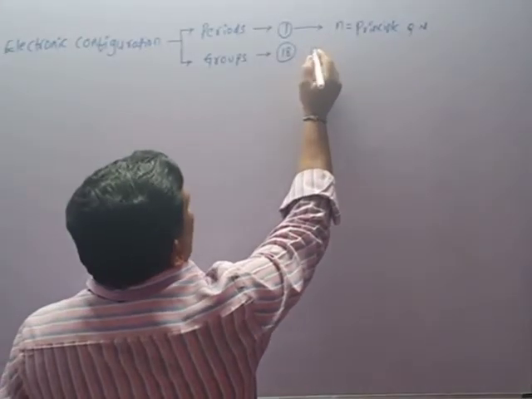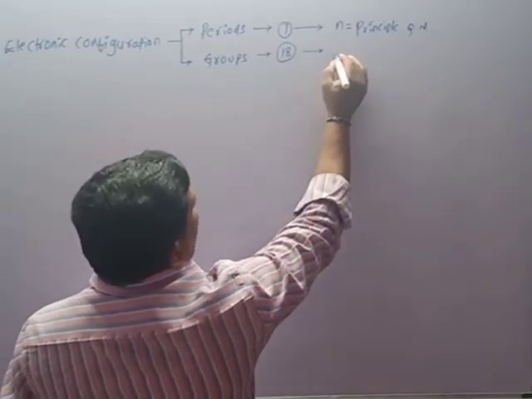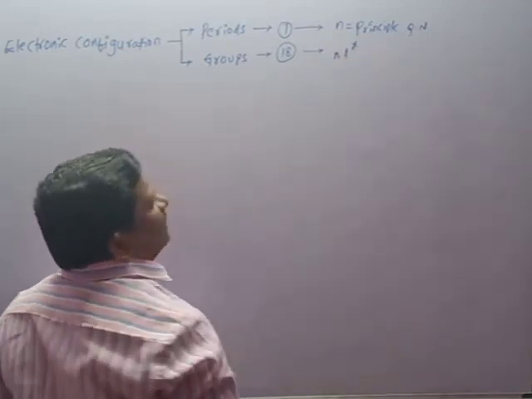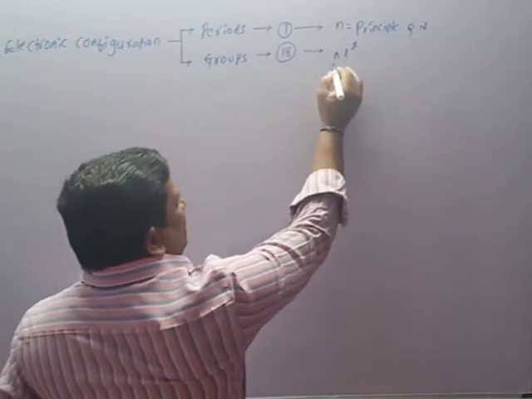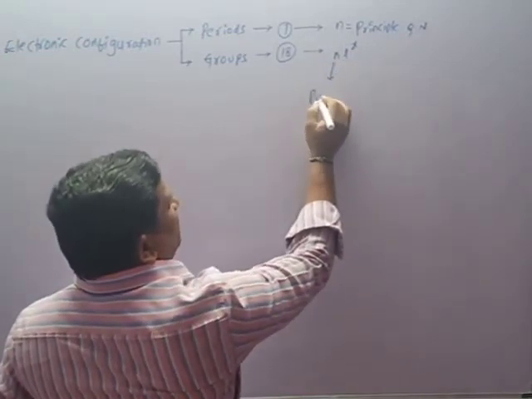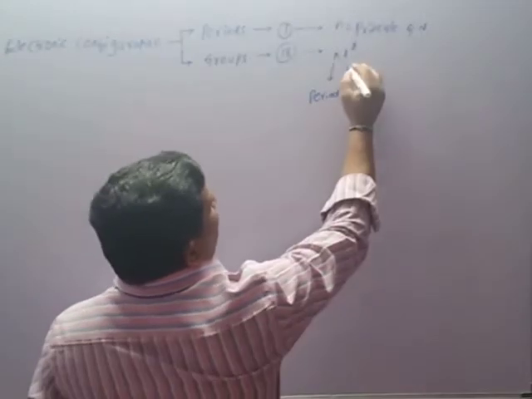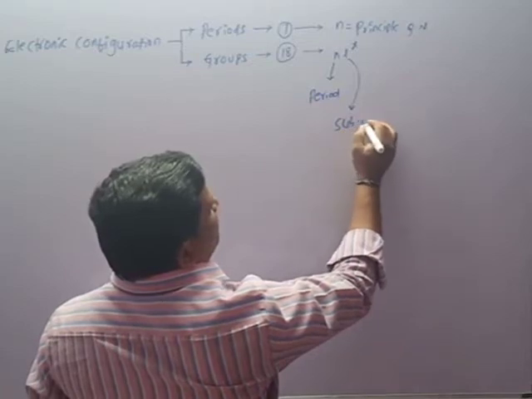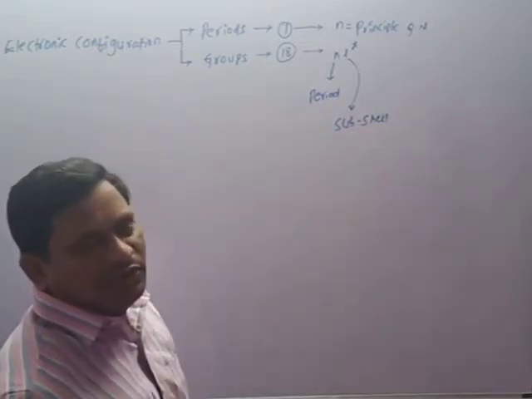Next, group number. Group number means, in the nlx method, n represents the period, and l is the subshell, that is, the azimuthal quantum number.